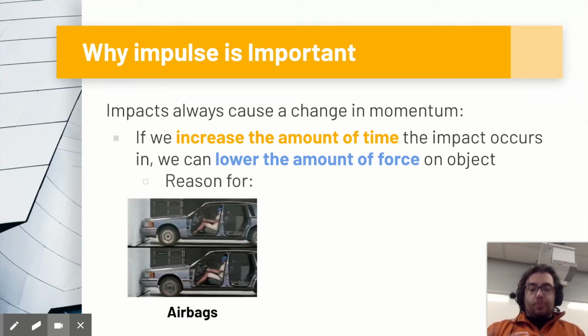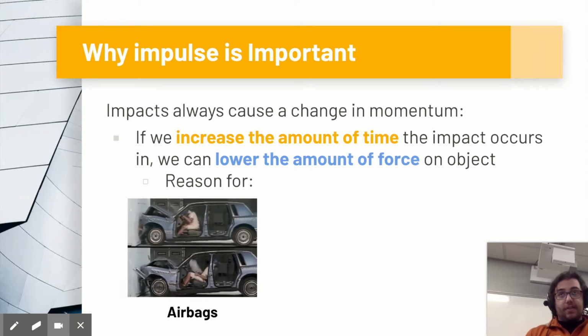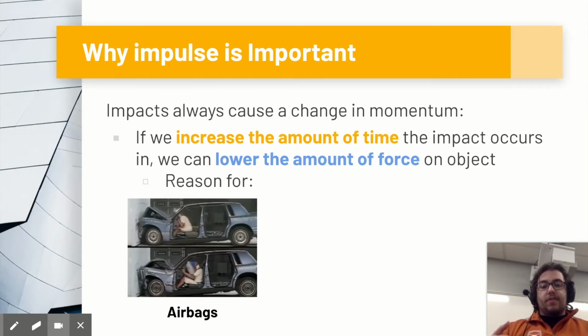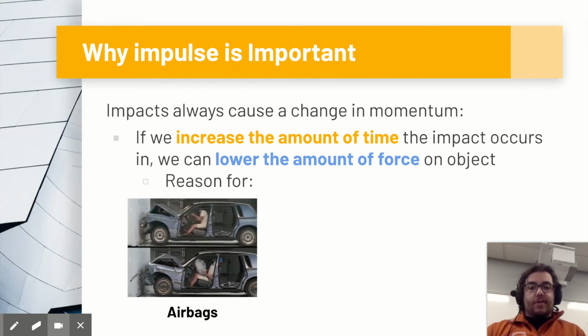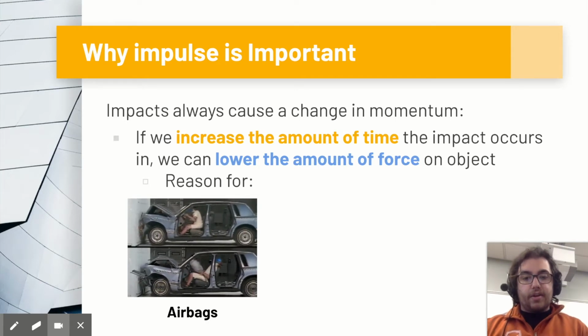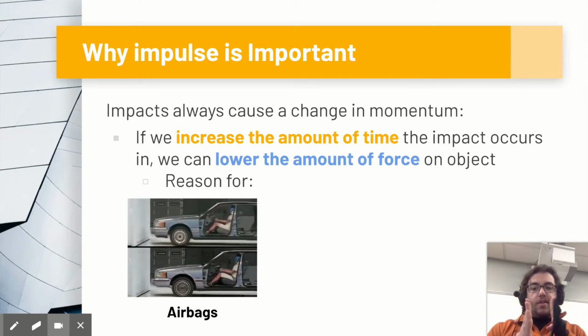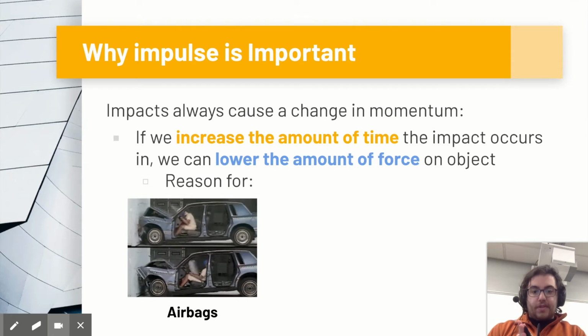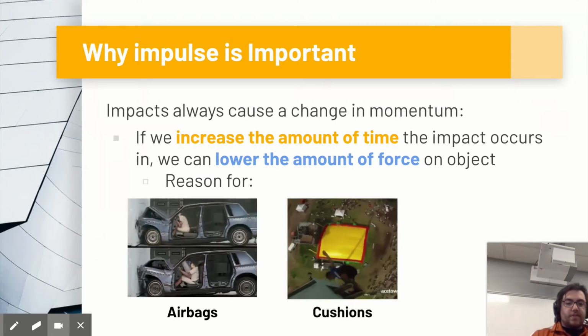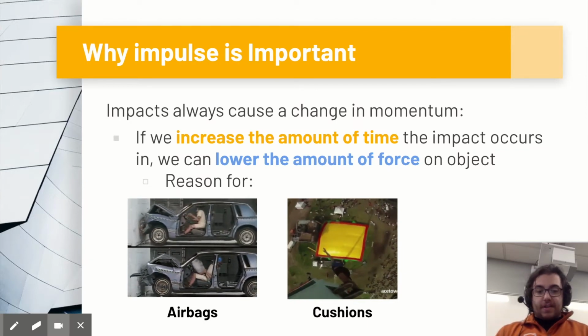The reason airbags exist is because they increase the amount of time your body is coming to a stop. You crash into them and you feel that cushion of air increasing the time and lowering the force that you are feeling. It is also the reason for those cushions in all those crazy stunts in Hollywood.